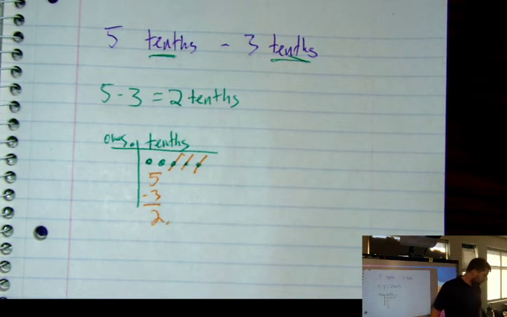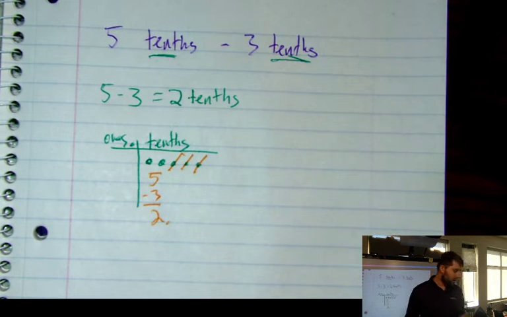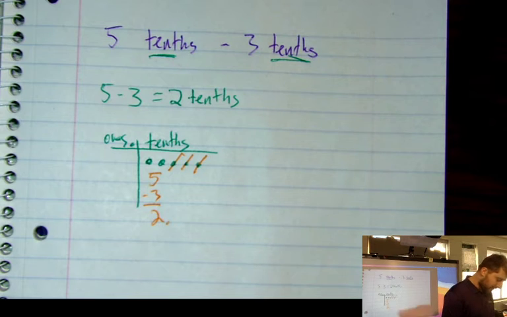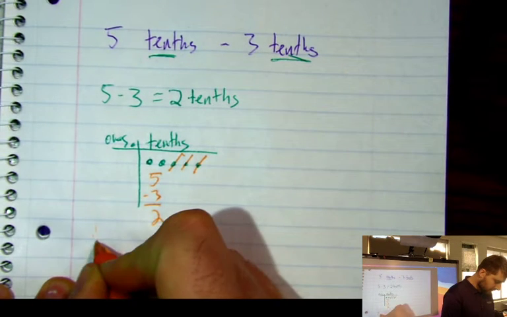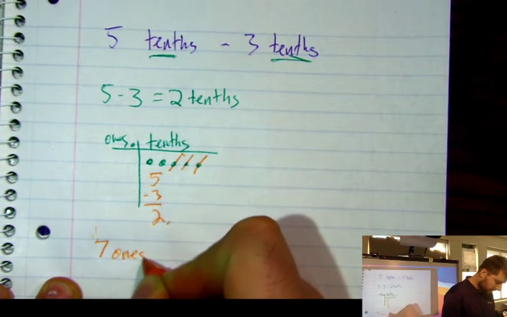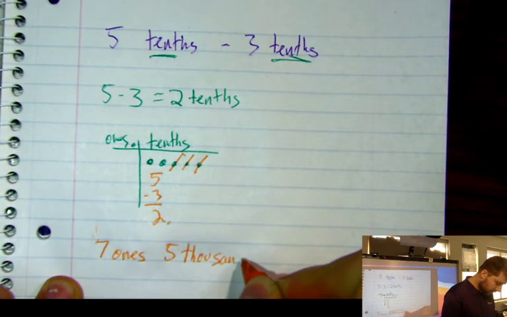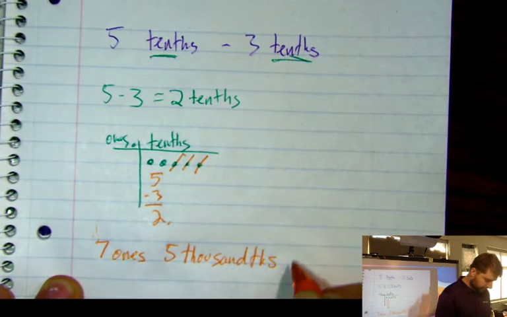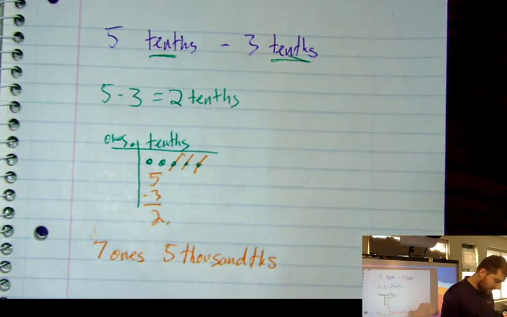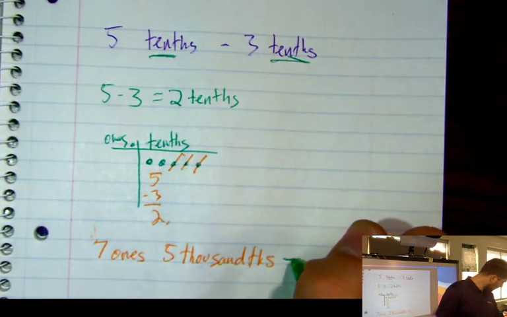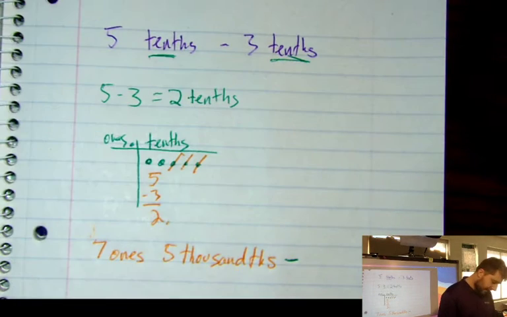Y'all, our next one, we are going to do 7 ones, 5 thousandths, minus 2 ones, 3 thousandths.